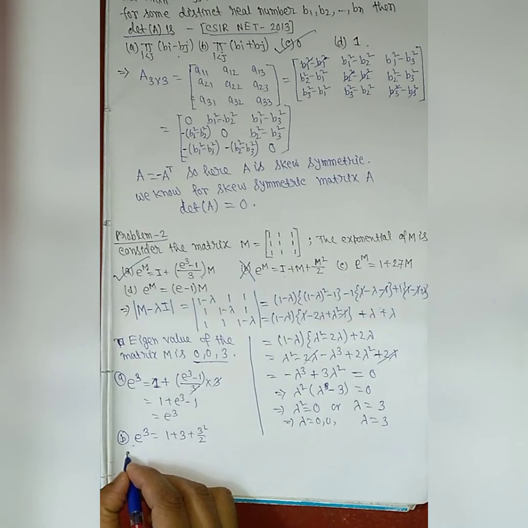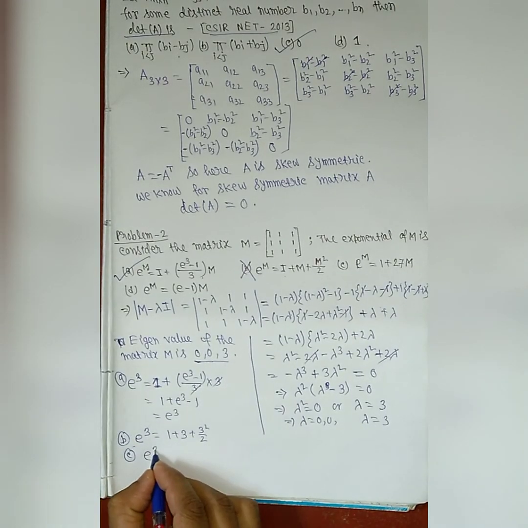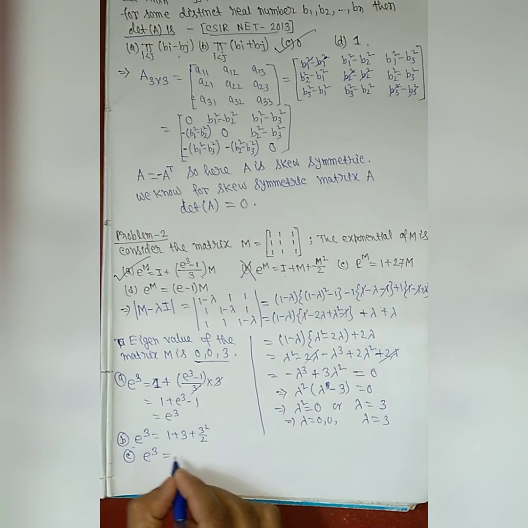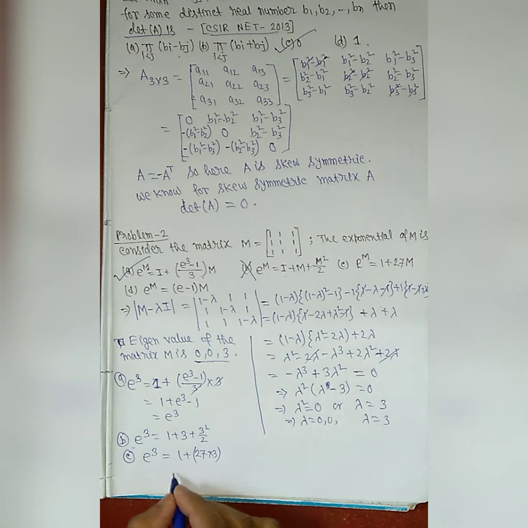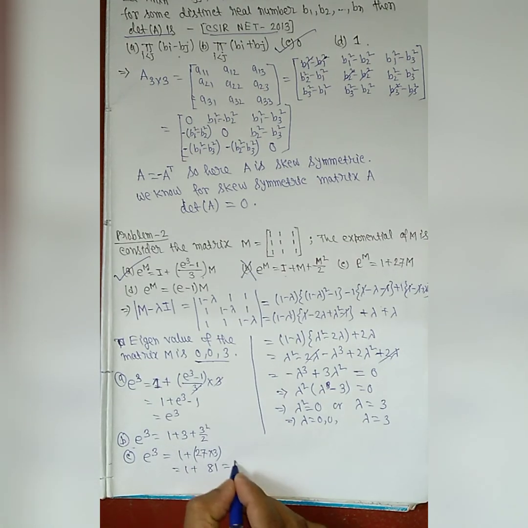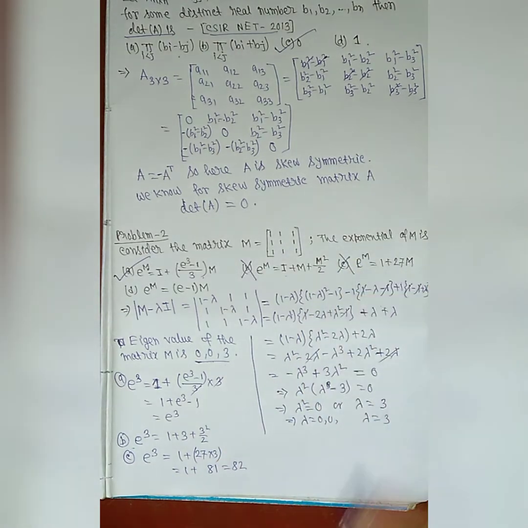Now if we check option C, we put 3 in the place of M, so it is 1 plus 27 into 3, but this is not the value of e to the power 3, so it is 1 plus 81, so it is 82, but this is not the value of e to the power 3, so option C is also incorrect.